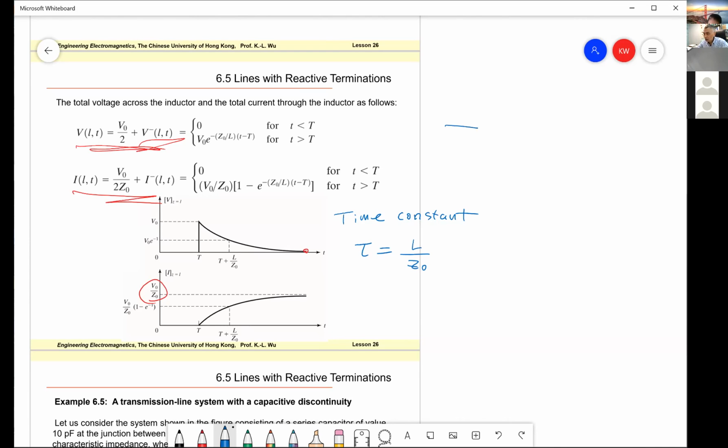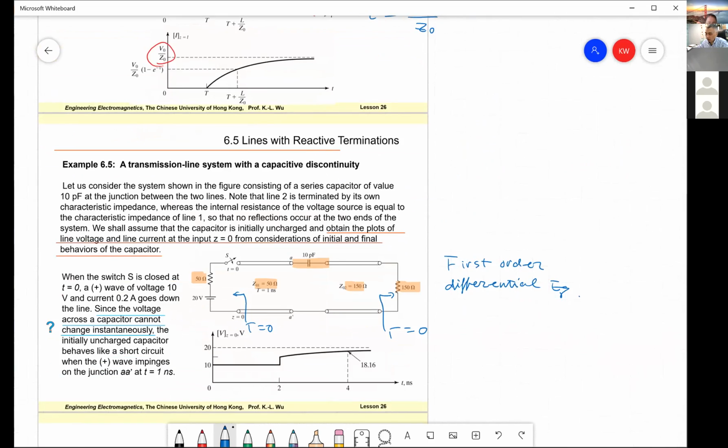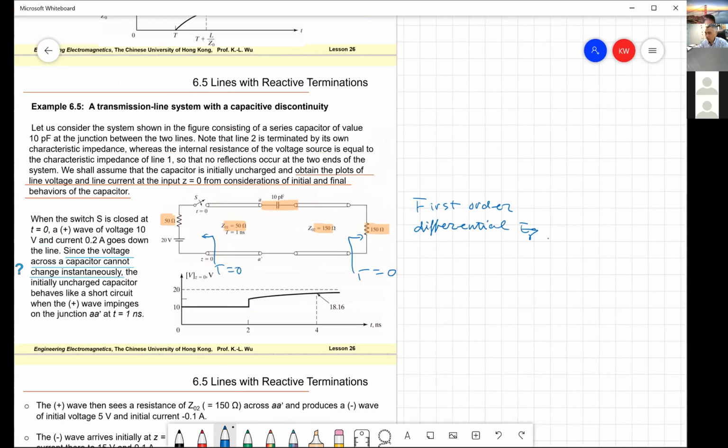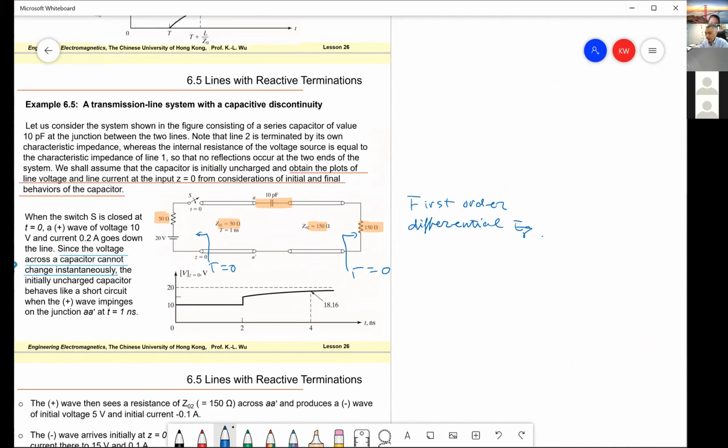This is for a typical problem: for such a typical problem, we have a time constant, right? Now we are dealing with a problem with a capacitance.